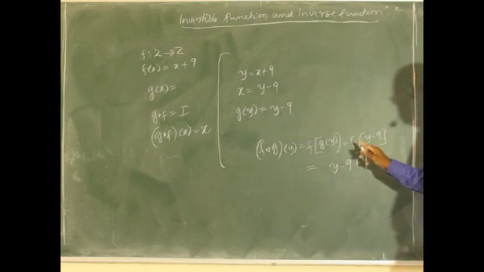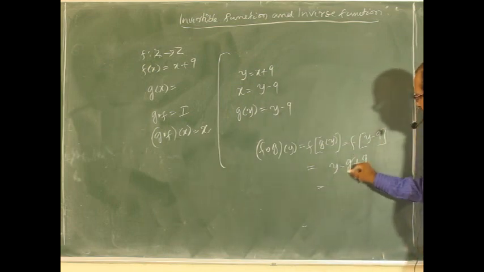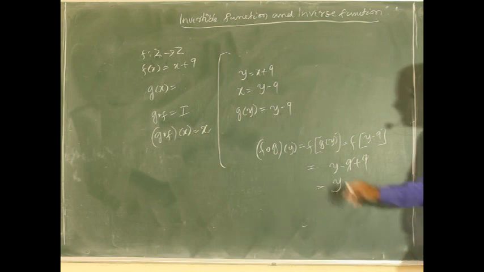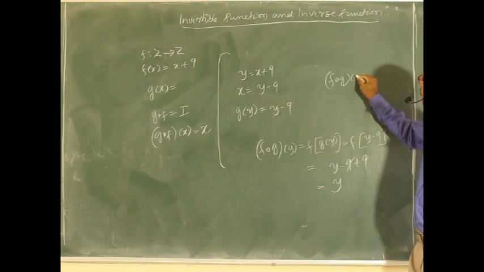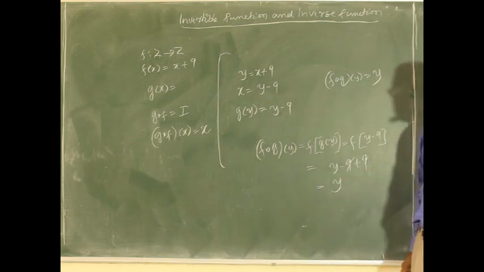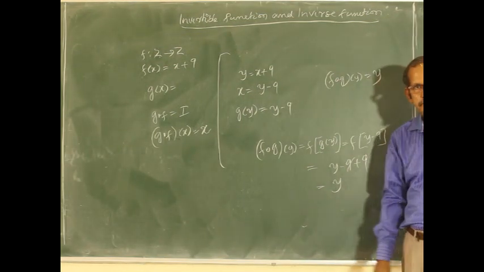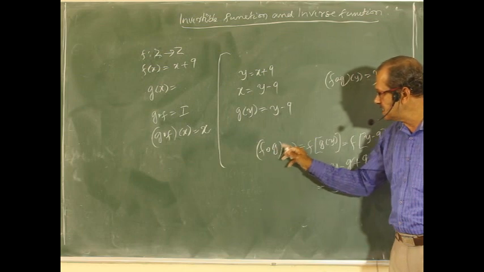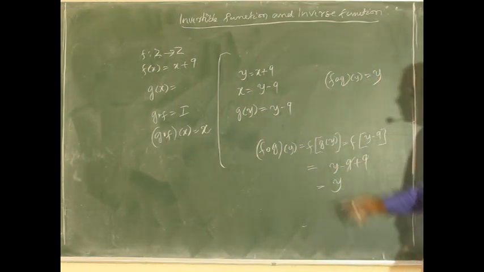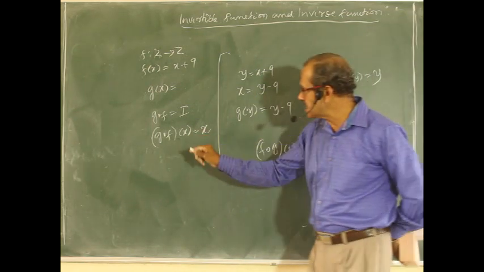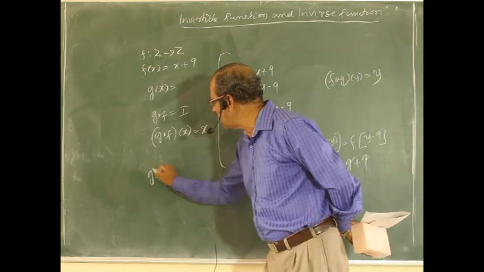In the place of x, write y minus 9. So you get y. What is the meaning? F composite g of y is y itself. So this is identity. F composite g takes every element y to itself. So it is identity. Let me check this one: g composite f of x.